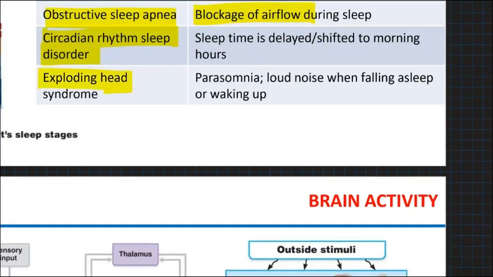Now, exploding head syndrome happens to me from time to time. I learned about it, so I'm not even that concerned anymore. I'm falling asleep, and then I legitimately hear a very, very loud bang, which seems to come from the first floor.